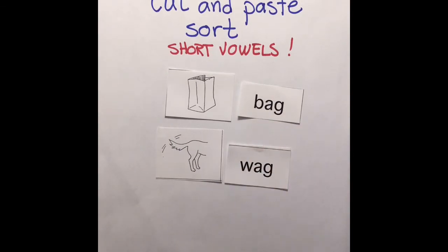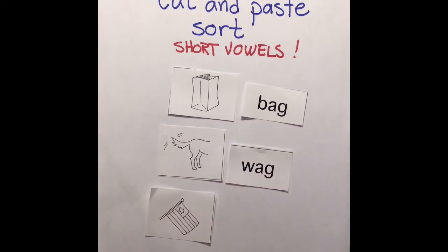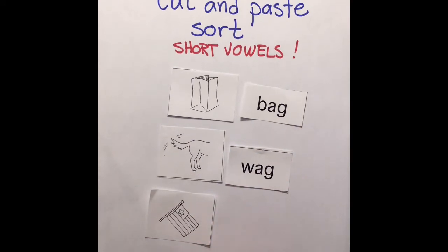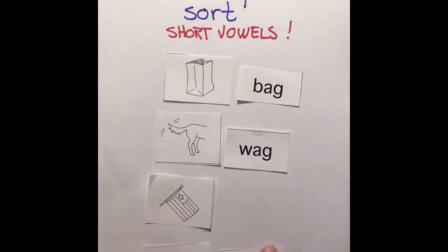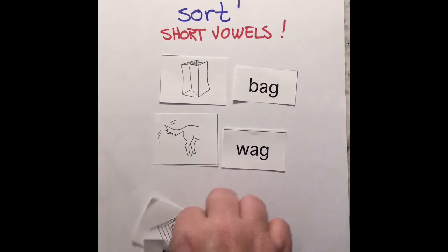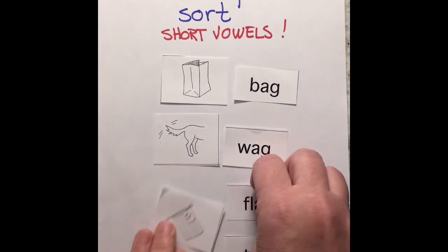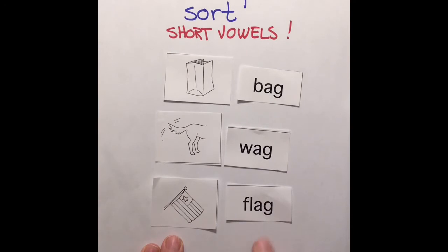And then we have one more picture. We have a picture of the flag. One of these words is flag. What would you expect to see at the beginning of flag? An F. All right, is this flag or is this flag? There you go. Now this is called a cut and paste sort.